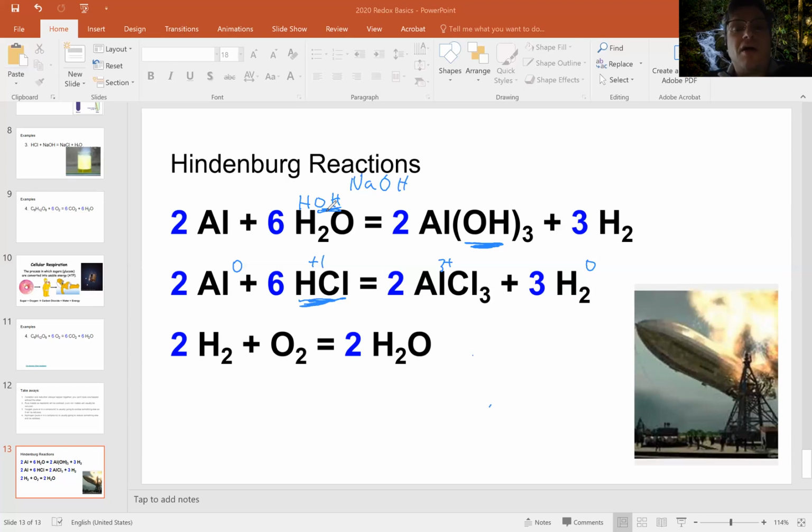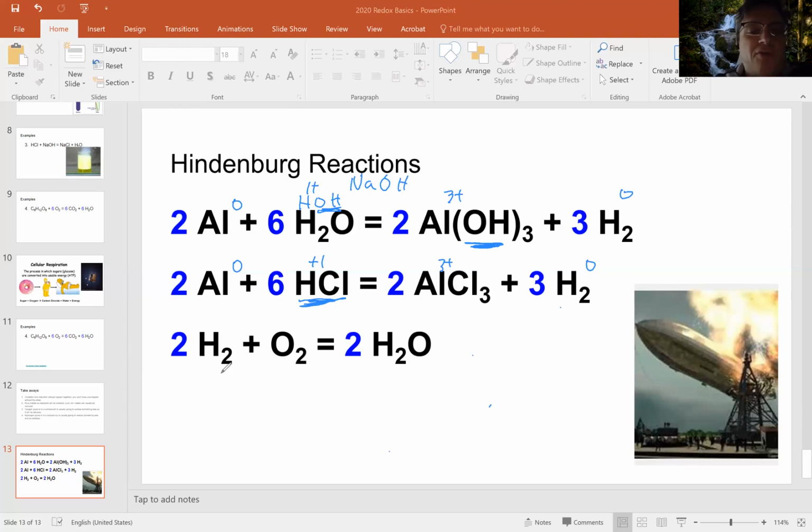The hydroxide and the OH here isn't really being changed, but we do see aluminum going from 0 again to 3+. So it's been oxidized. And this one hydrogen in water has gone from having a positive oxidation state to a 0, so it has been reduced.